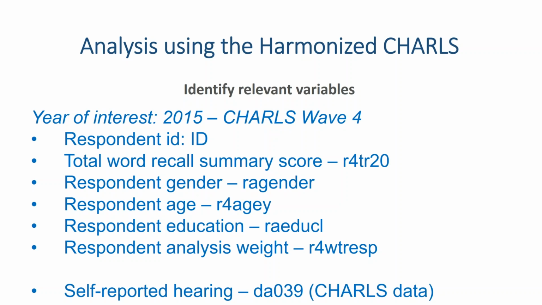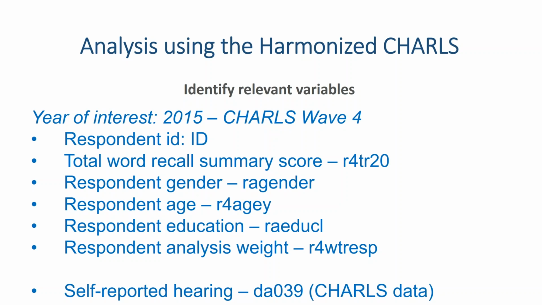For CHARLS, the person identifier is called ID, and the total word recall score is R4TR20. The respondent's gender is RAGENDER. We'll also pull in the respondent's age in 2015, called R4AGEY, and their harmonized education level, which is a simplified version of the ISCED categories called RAEDUCL.